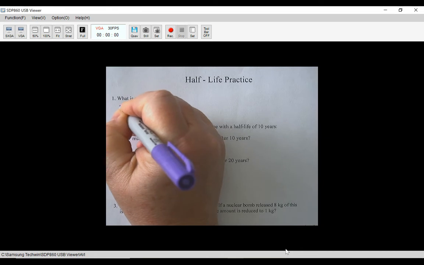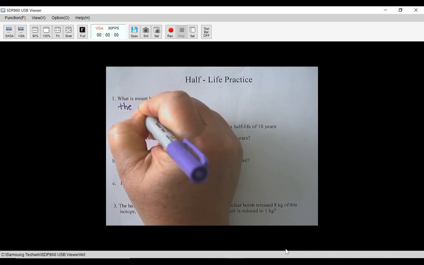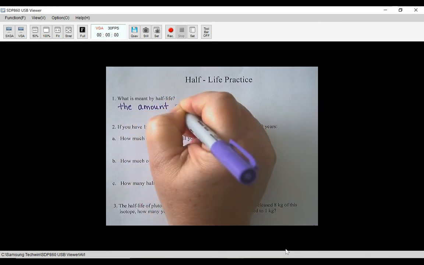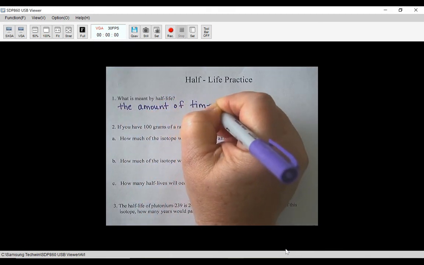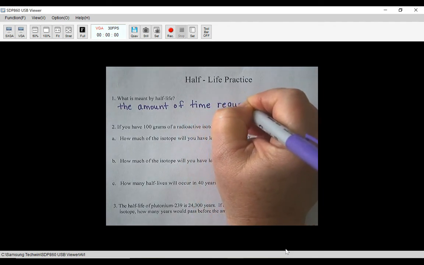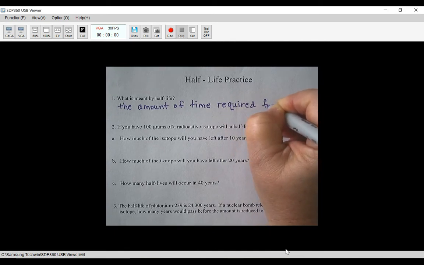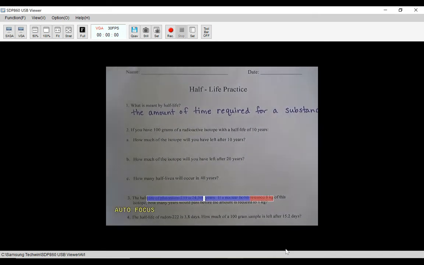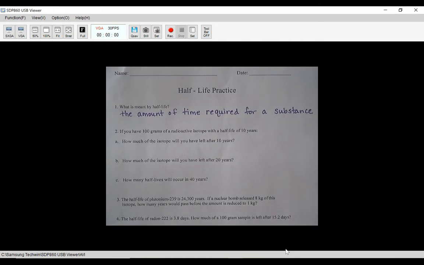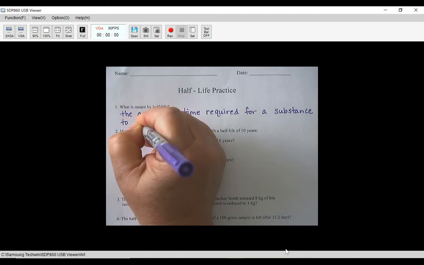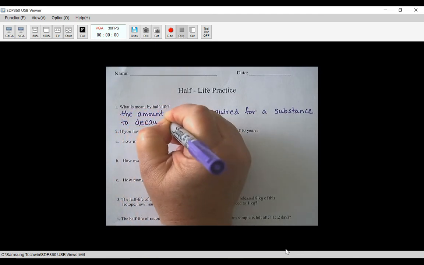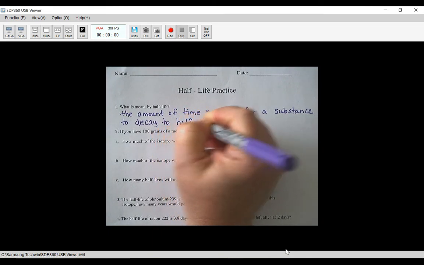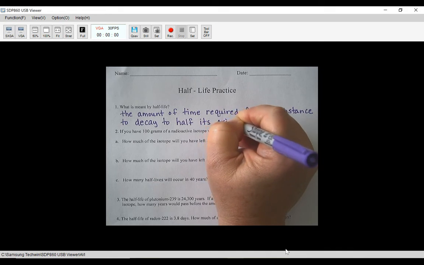So half-life is the amount of time required for a substance to decay to half its original amount.